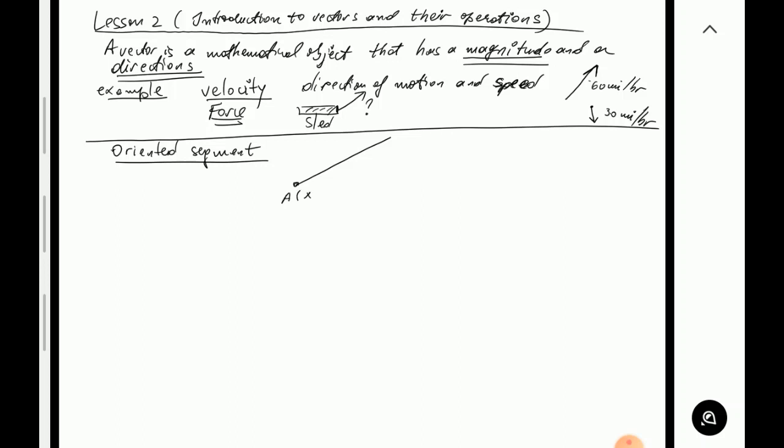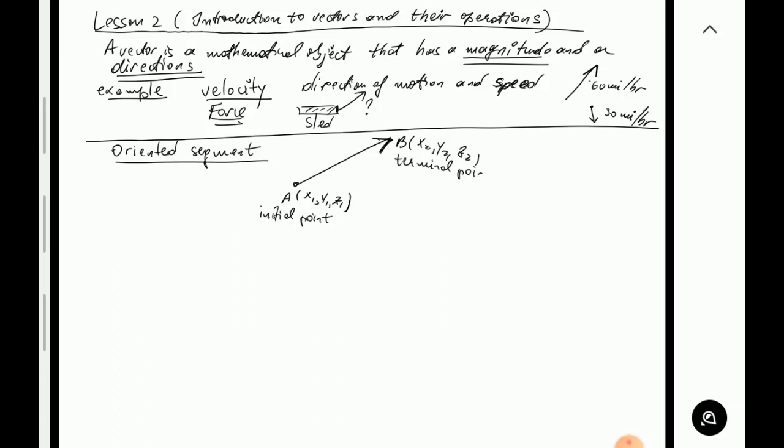Let's say you have a point A of coordinates x1, y1, z1, and then the point B of coordinates x2, y2, z2. And then we have to indicate an arrow at one of these points so that together between A and B we indicate the direction of this vector. So the typical notation in this case for a vector will be by specifying the initial point. So this guy here, A, is called the initial point of the vector, and B is the terminal point.